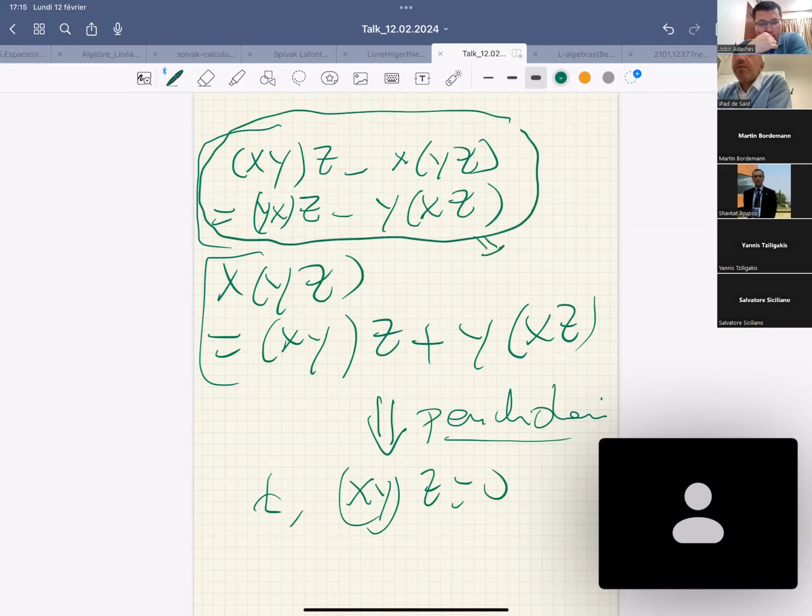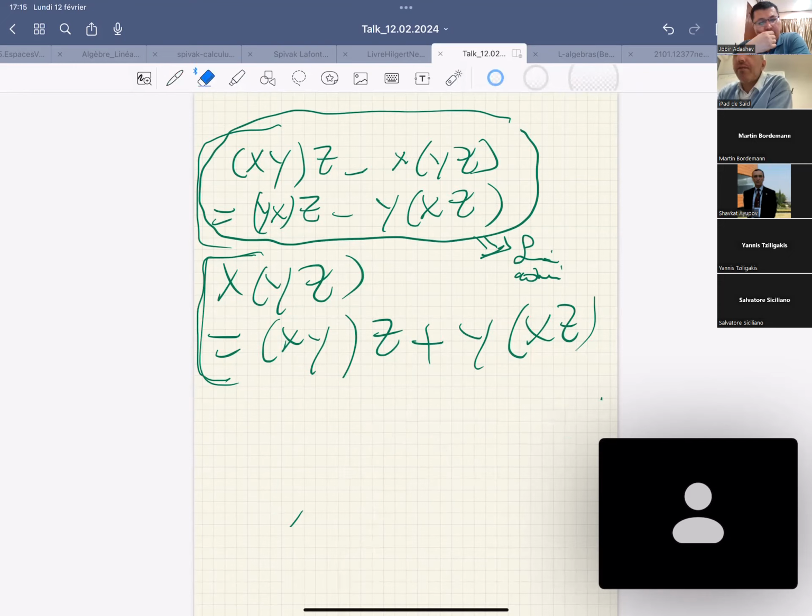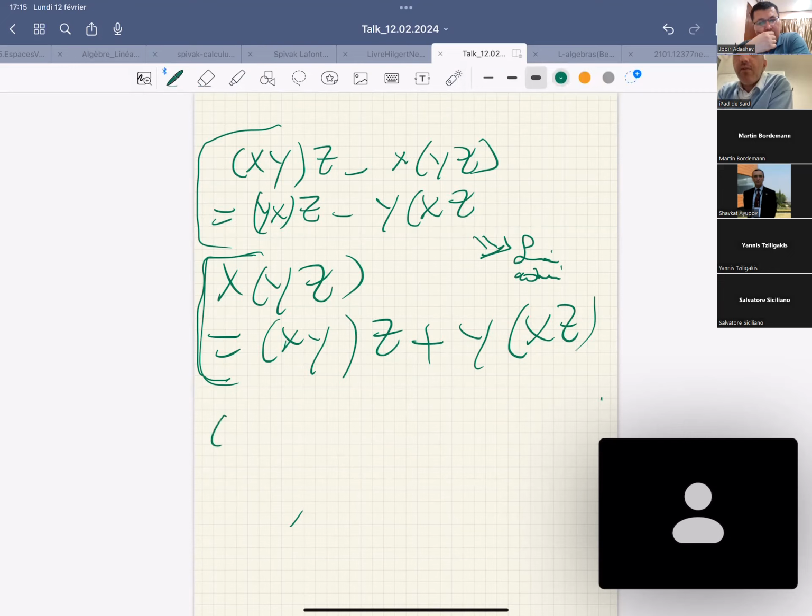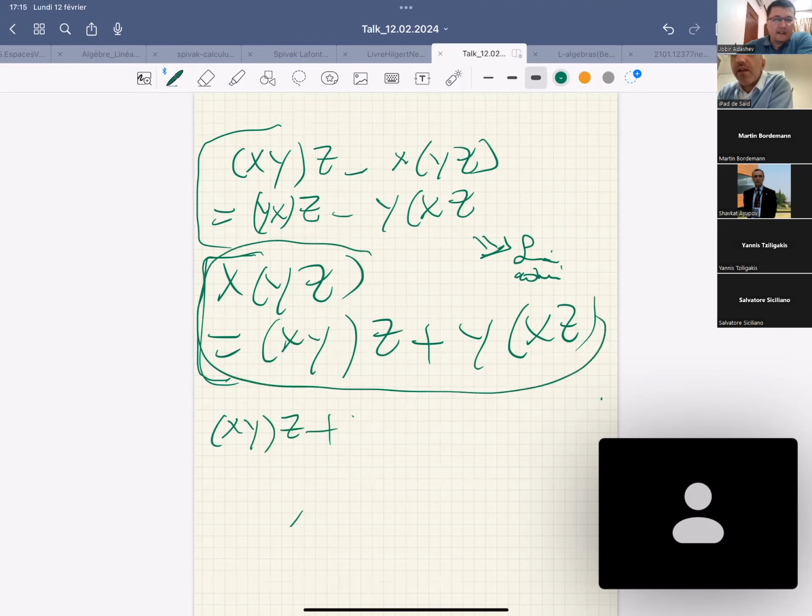Because if you have this one, this one is Lie admissible, and that implies that this is a left symmetric algebra. This left Leibniz is also Lie admissible. And we know that if this one is Lie admissible, we have this one.